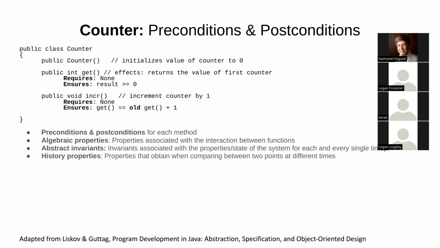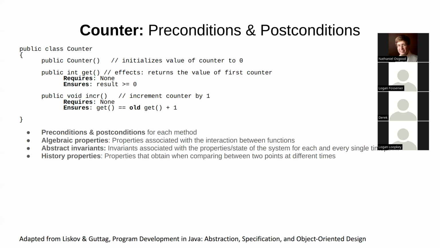So I placed here for the latter two methods, for get and increment, some statement of requires. We could have put true. I happen to put none, which in my experience is a very common way of denoting it. It may be, if I had to guess, more common than just putting true, but either would do.